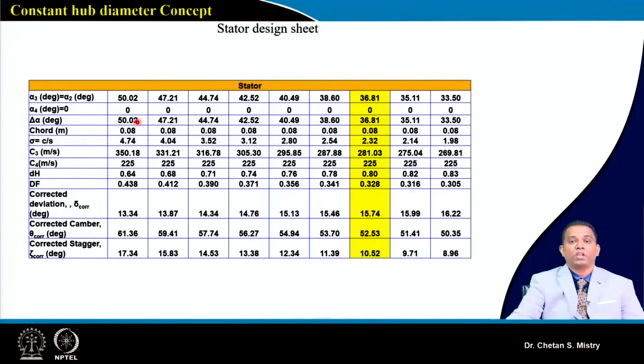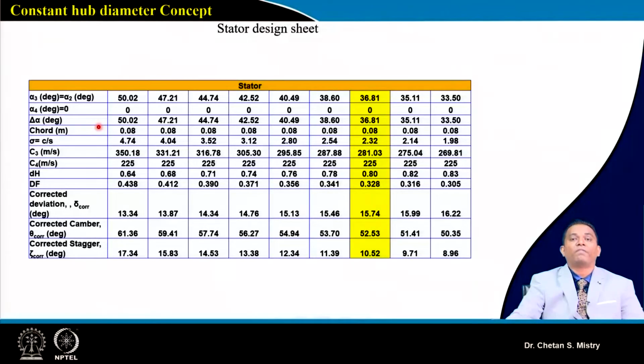Suppose you do your design in this way, then later on when you are doing your computational study, immediately this will be reflected in terms of maybe flow separation or flow three-dimensionality near the end wall region, especially near the hub region.